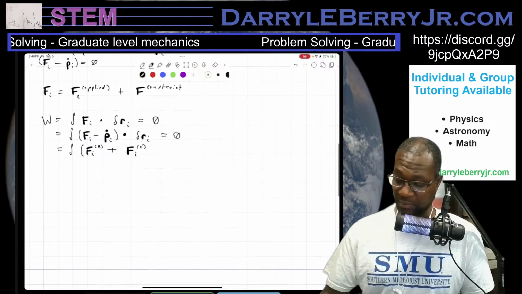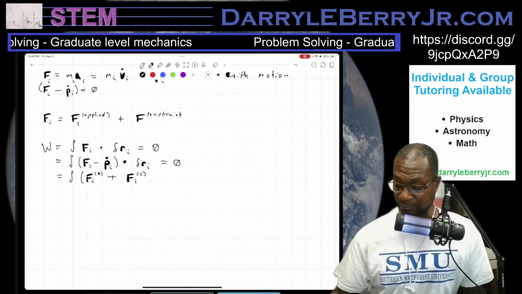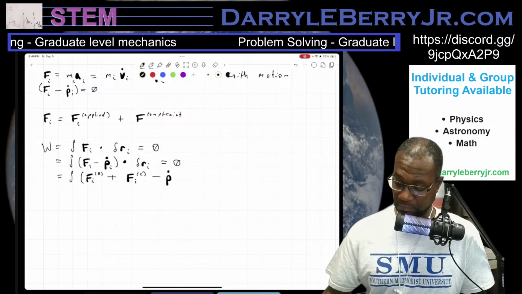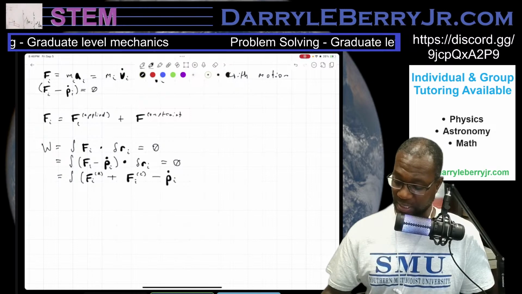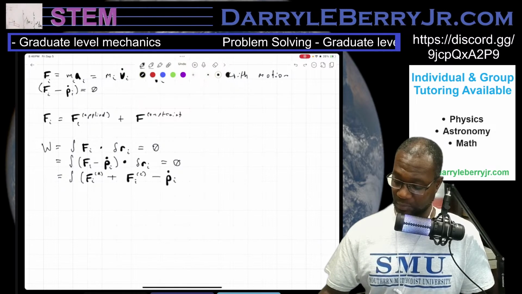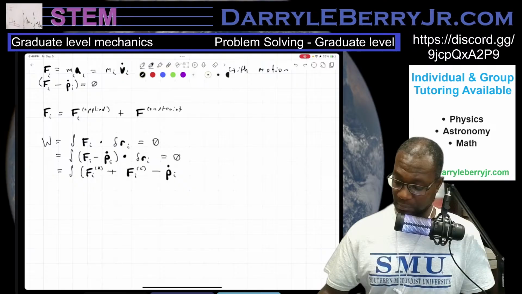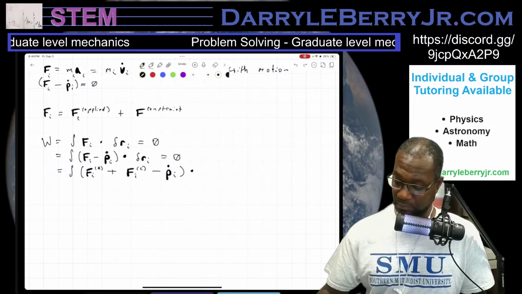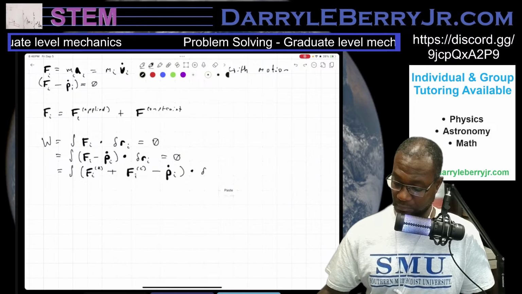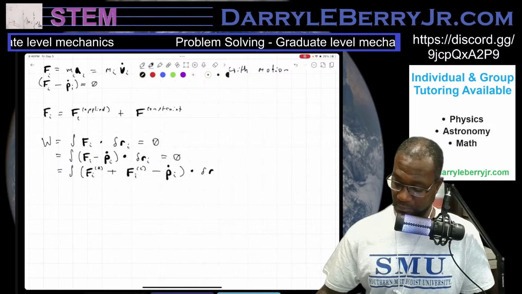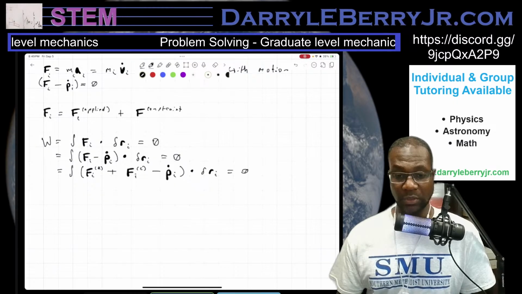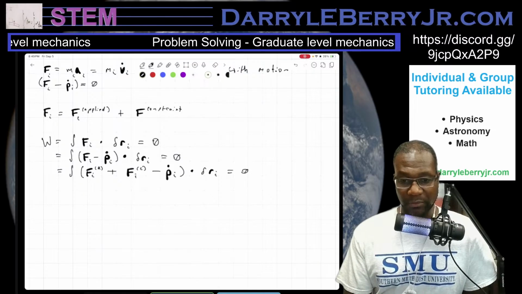I just wrote it out earlier, but that's applied and constraint from before. Minus the time derivative of momentum, dot product it with the virtual movement, equals 0.